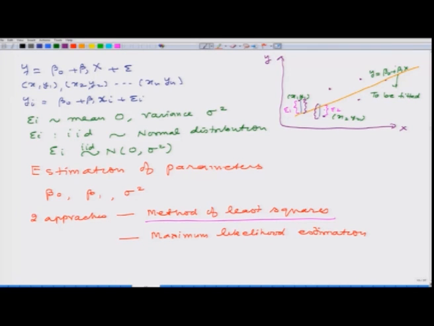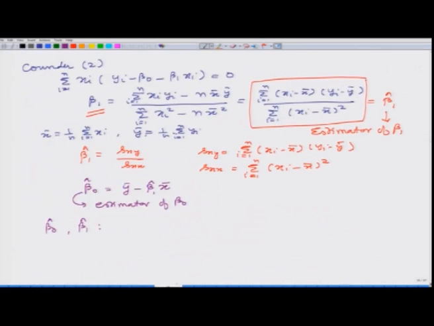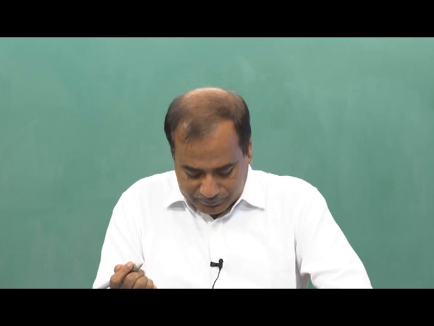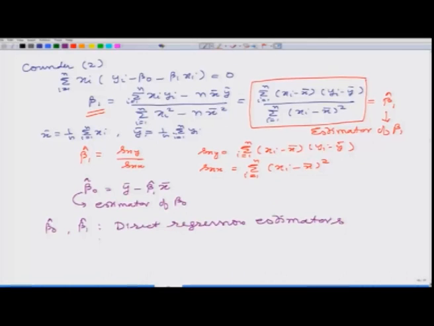So, they are also known as direct regression estimators. This beta 0 hat is the direct regression estimator of beta 0, and beta 1 hat is the direct regression estimator of beta 1. They are also called least squares estimates or least squares estimators of beta 0 and beta 1.